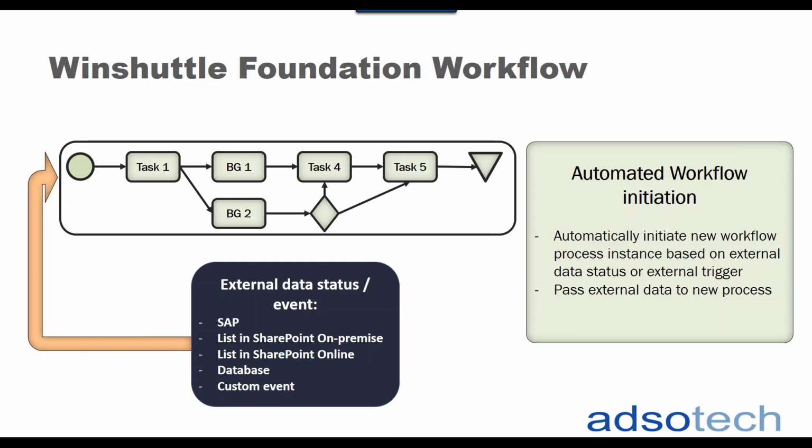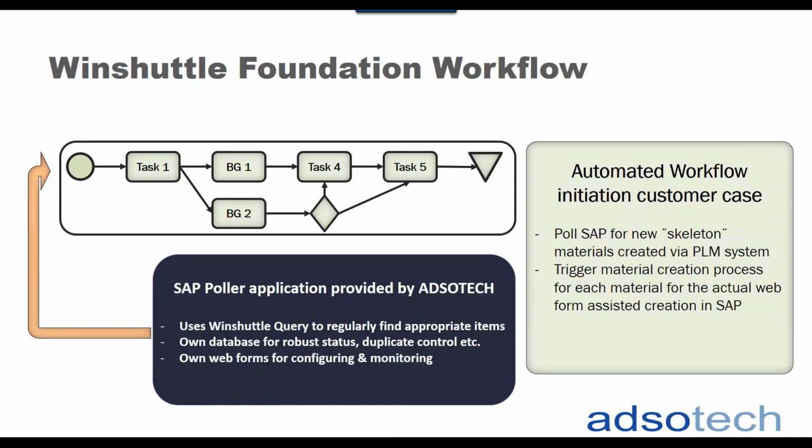Maybe you have something in a database, or something happening in your application, and from that application you could invoke a new Winshuttle workflow process, provide some parameters, and just start the process. So there are a lot of options here as well, and I have some examples.